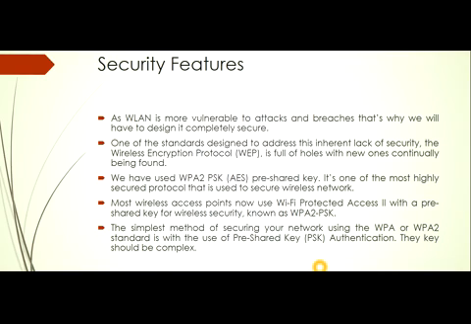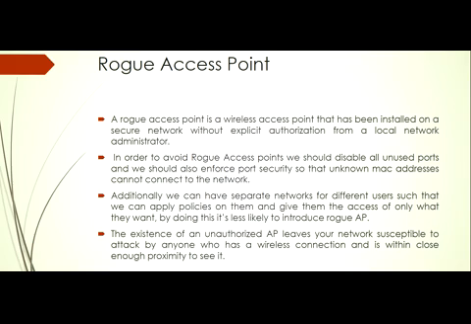It means we can set a security key like a password, and only the person who has that key can access our network. No one else can access our wireless network. So by using these two technologies, WPA or WPA2 standards, we can enhance the security of our WLAN service, our Wi-Fi.